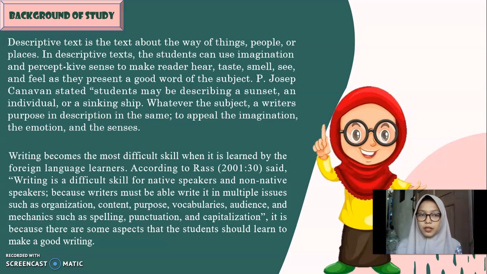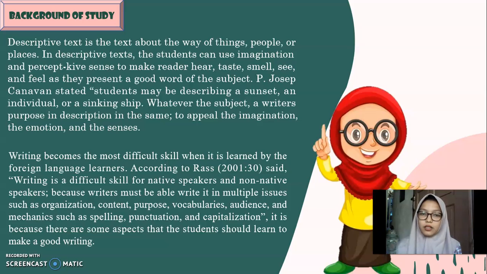According to P. Joseph Canavan, students may be describing a sunset, an individual, or a kingship. Whatever the subject, a writer's purpose in description is the same, to appeal to the imagination, the emotion, and the senses.